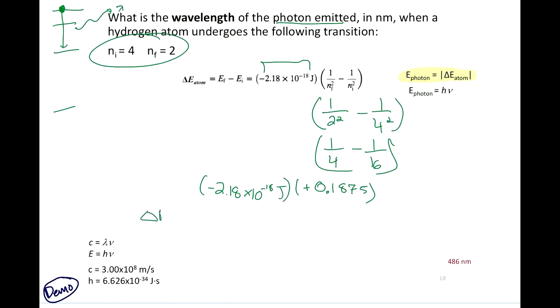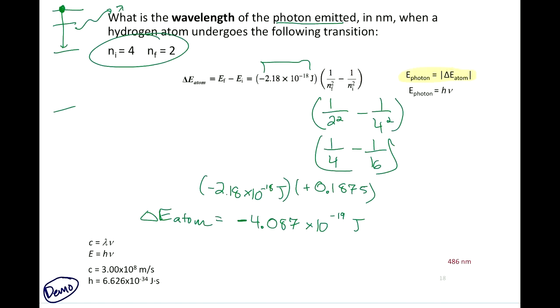So we see that the atom actually loses energy. So it loses negative 4.087 times 10 to the negative 19 joules. The atom loses that energy. Is that consistent with what was told? The electron's going from 4 to 2.